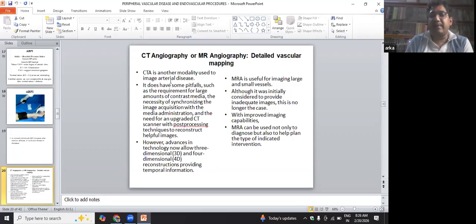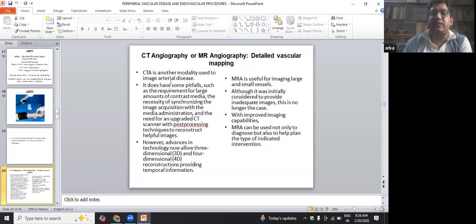It does have some pitfalls, such as the requirement for large amounts of contrast media, the necessity of synchronizing the image acquisition with the media administration, and the need for an upgraded CT scanner with post-processing technique to reconstruct helpful images. However, advances in technology now allow three-dimensional and four-dimensional reconstructions, providing temporal information.